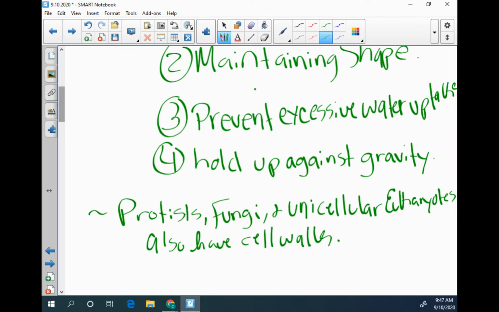There are no multicellular eukaryotes with cell walls. If they are multicellular, odds are they have cytoskeletons in place to keep them in their general shape. Fungi, protists, and our single-celled eukaryotes can have cell walls. It's not just plants.